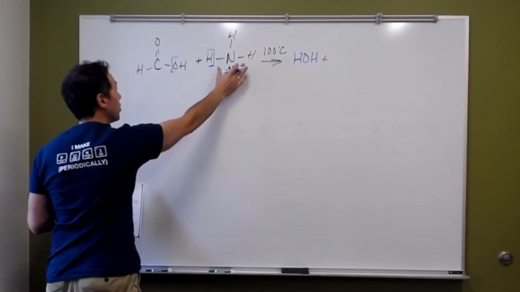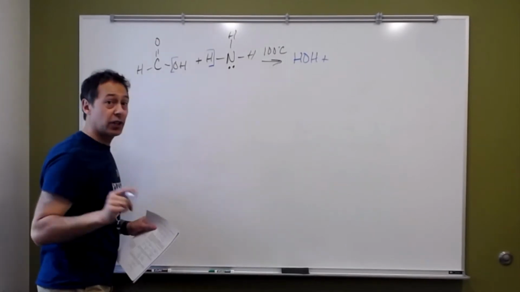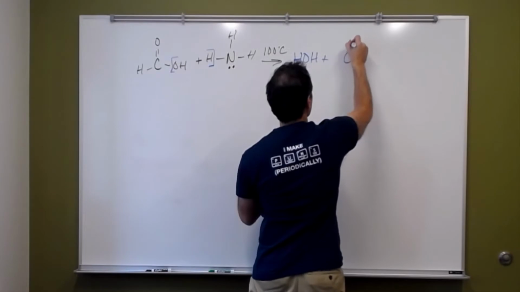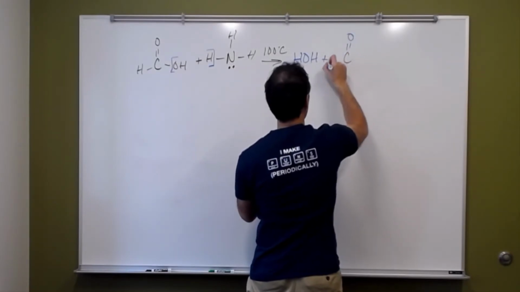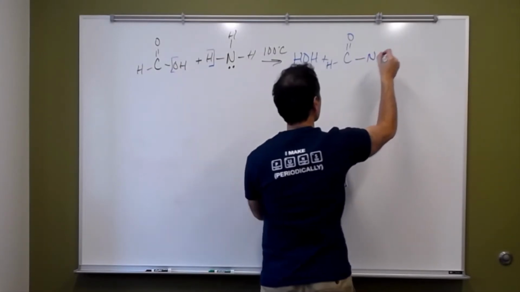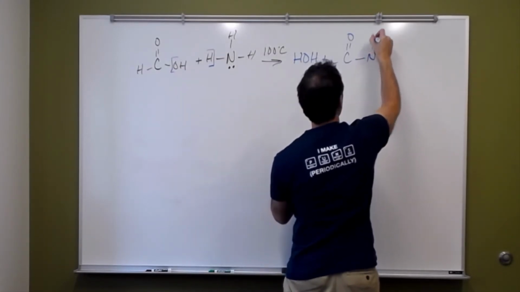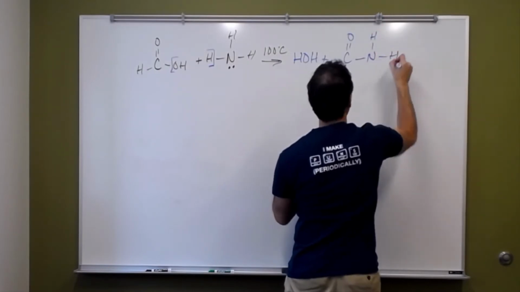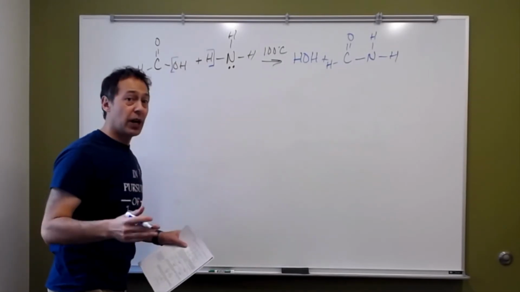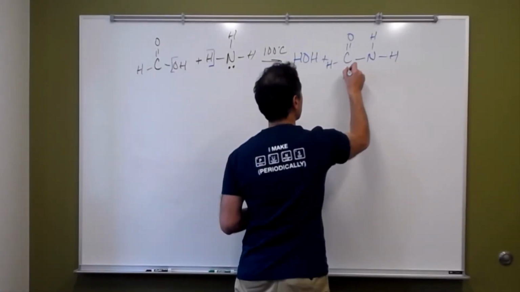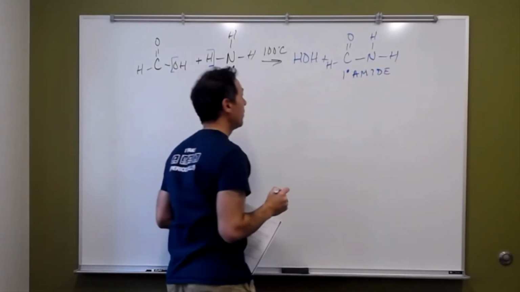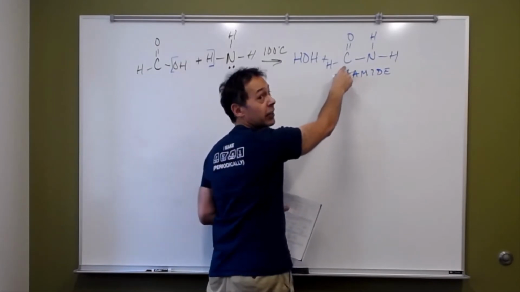Water, and then we'll bring this amine group and attach it onto the carboxylic acid. Like this, okay? And so now this becomes a primary amide. And the name for this one would be methanamide.